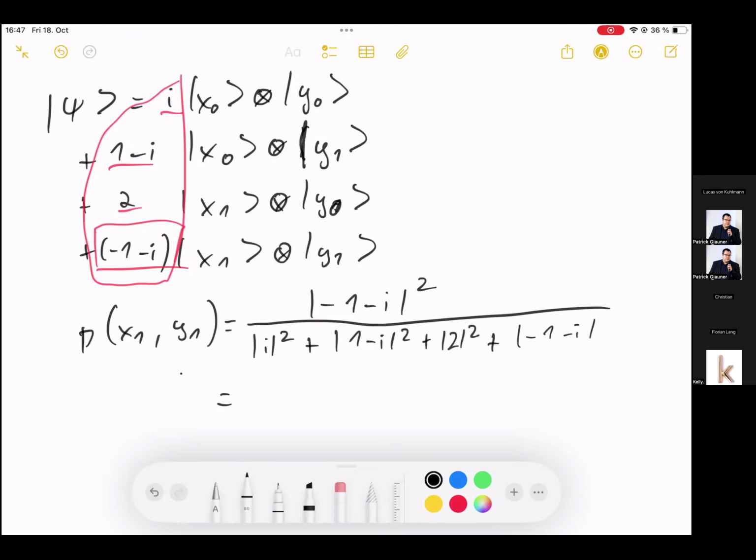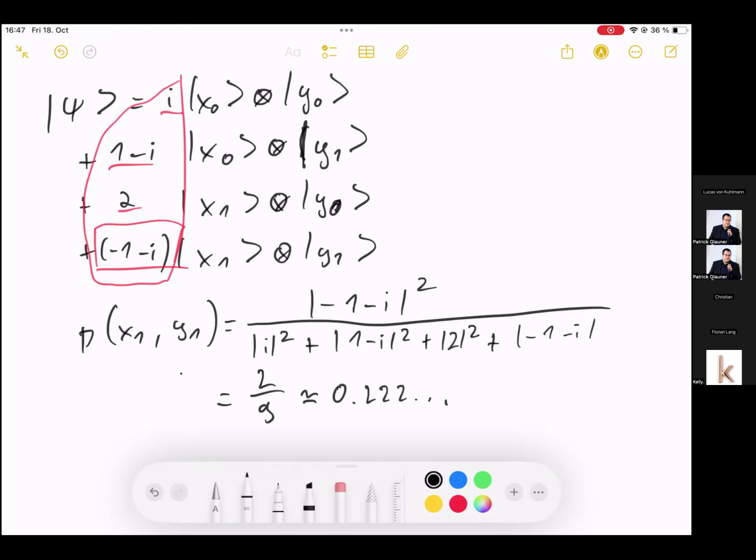And one student suggests it's 2 divided by 9, which is around 0.22, and so forth. So that's correct. Thank you very much.